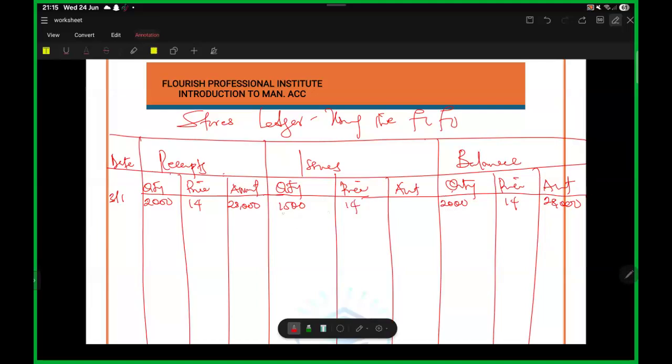So what will it be? 1,000 times 14 is what? Guys, help me, very fast. 14,000. Okay, so the balance: after I issued the 1,000 from the 2,000, I'm left with a balance of 1,000 at the same price.